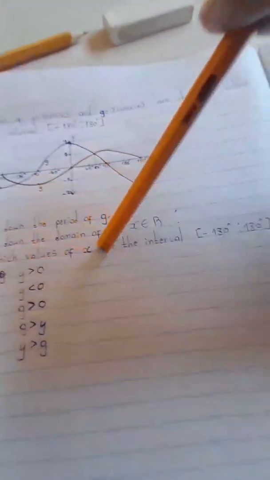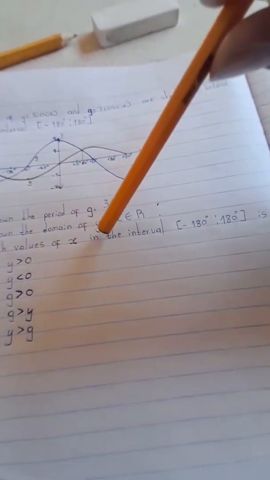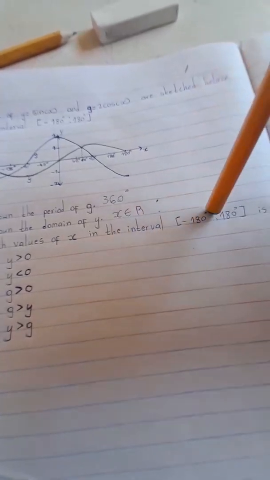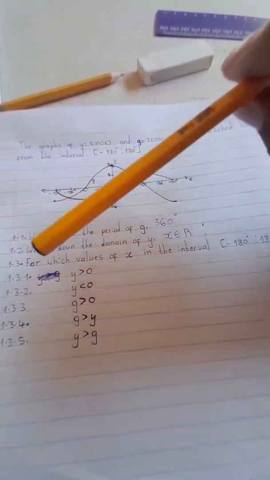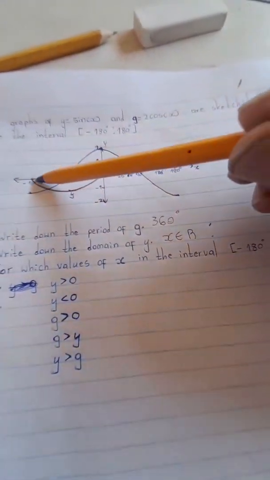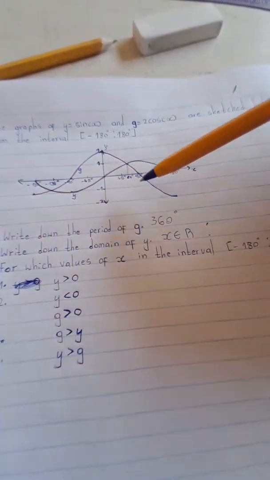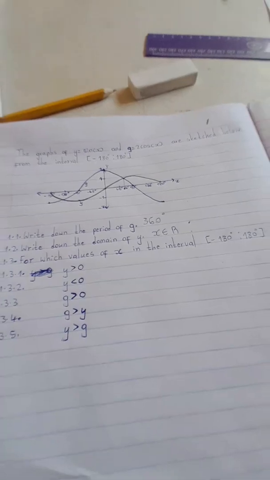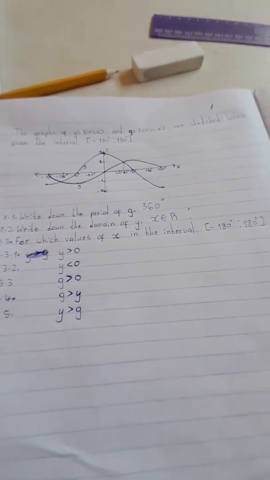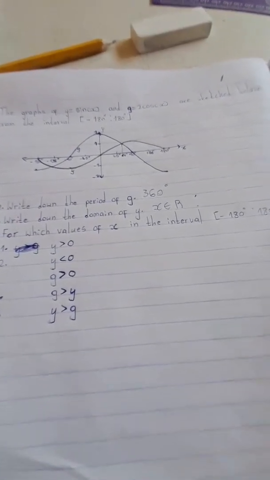1.3 says for which values of x in the interval negative 180 degrees to 180 degrees is y greater than 0. Y is this function here in pencil. Which values of x give y values greater than 0?